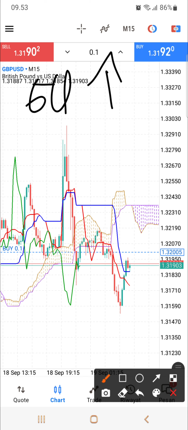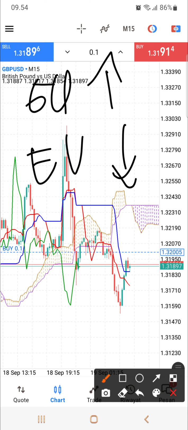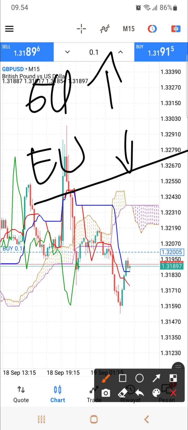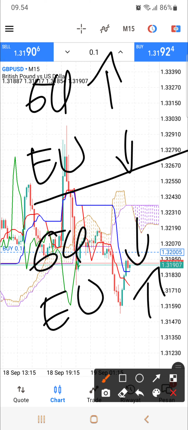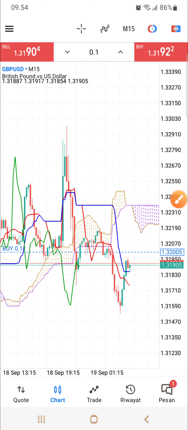If we want to buy pound dollar, then the euro dollar must be selling, at a different level from the pound dollar. And if we want pound dollar going down, then for euro dollar we have to open buy. This is how we trade.